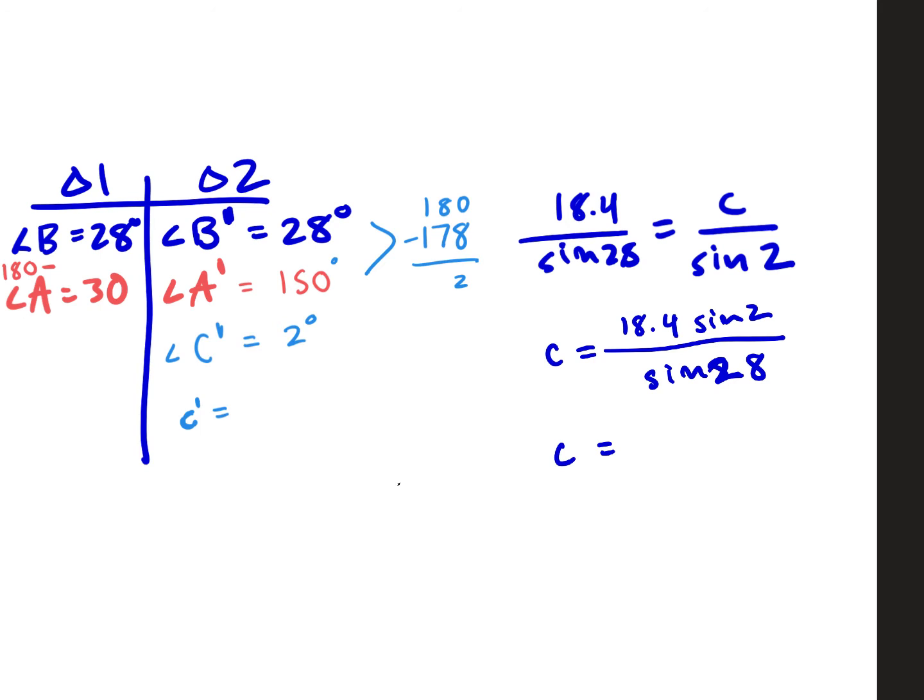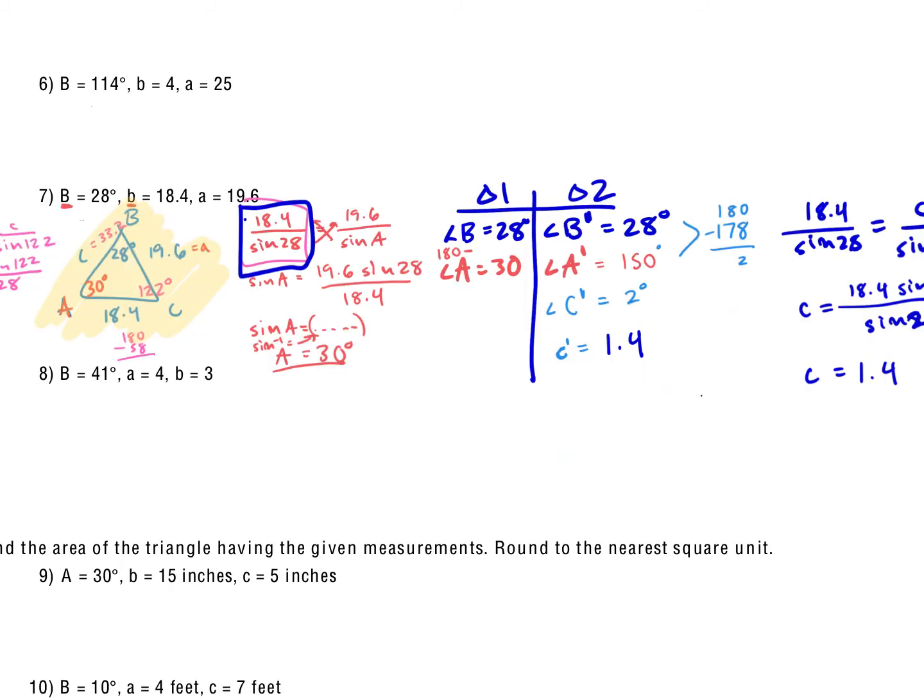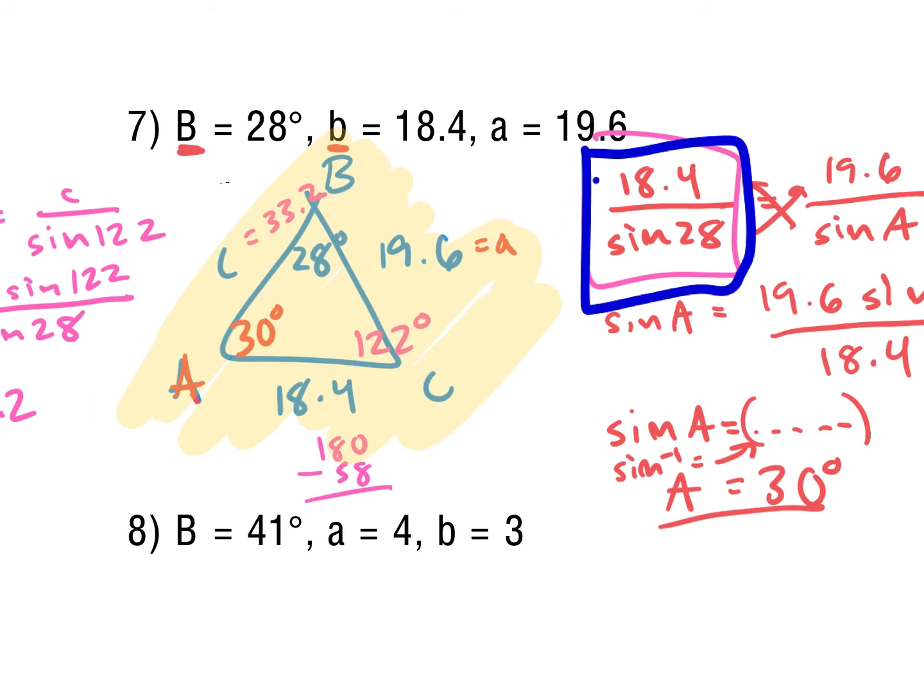What do I get when I put this into my calculator? 1.4. So new side C is 1.4. So again, if your triangle gives you side angle, so here we had side angle that was given, you have to check.